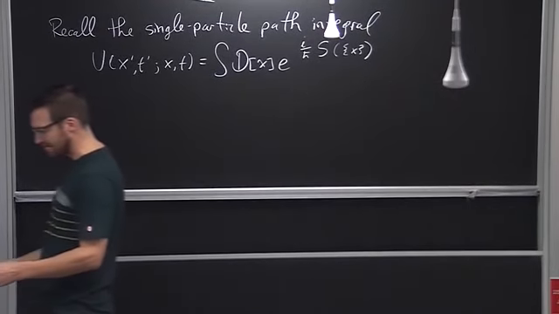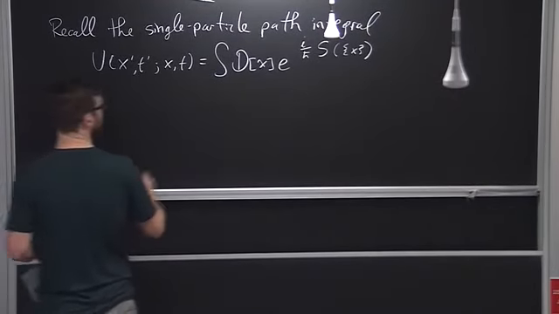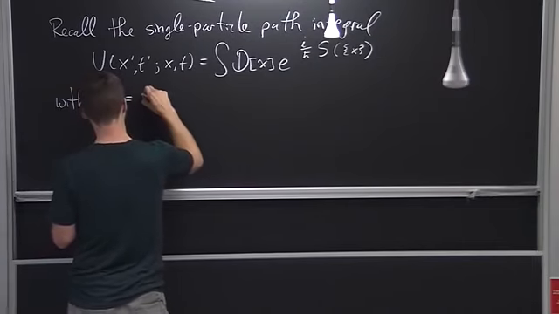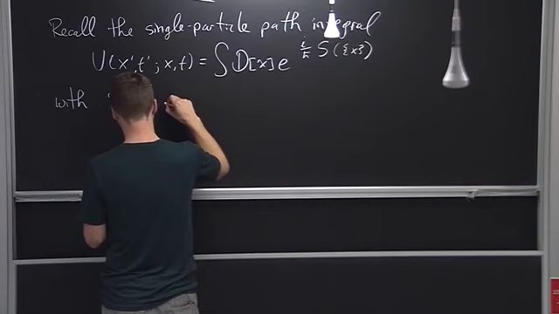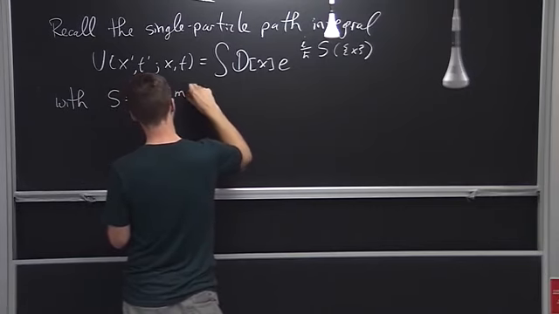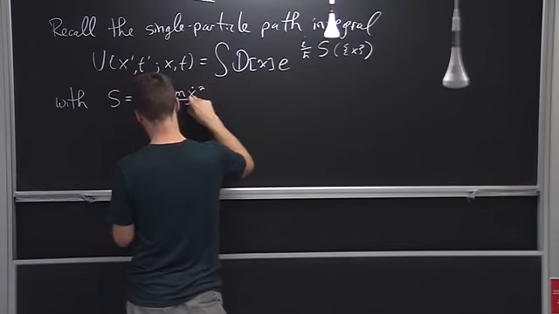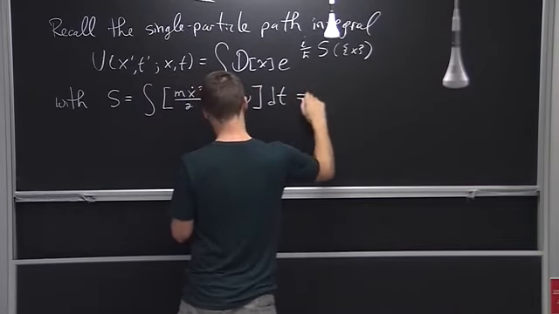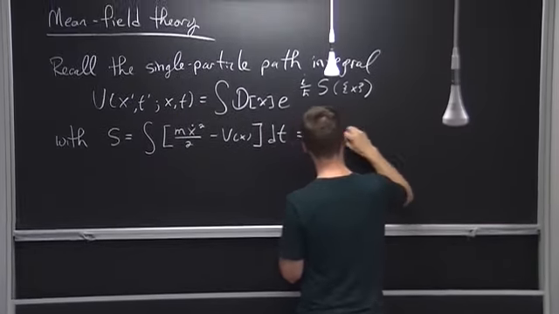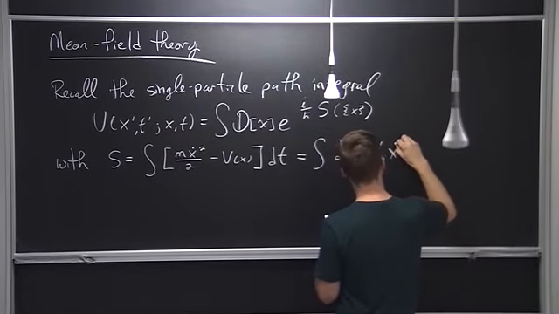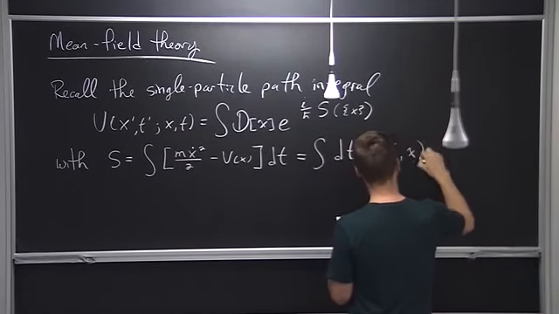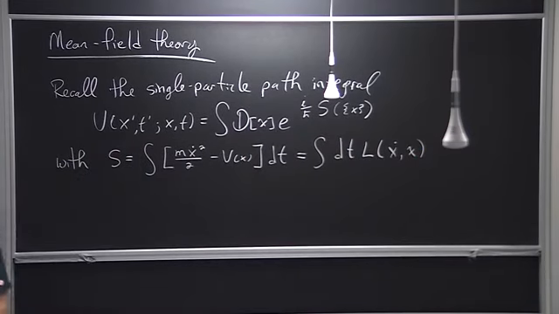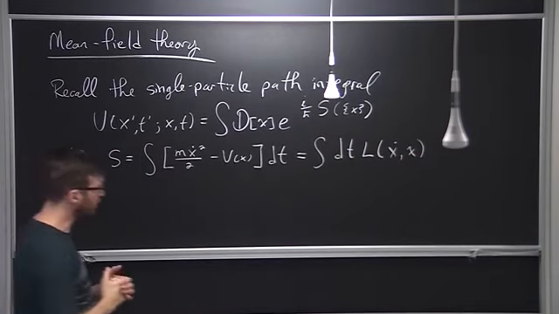And of course the action, S, with some integral over time, which we're calling a Lagrangian. Maybe something like this, where there's no momentum anymore, it's been integrated out.